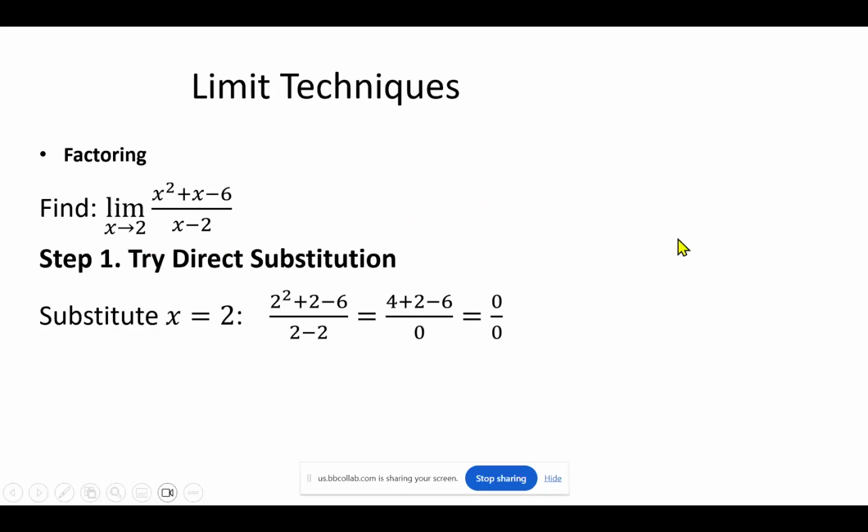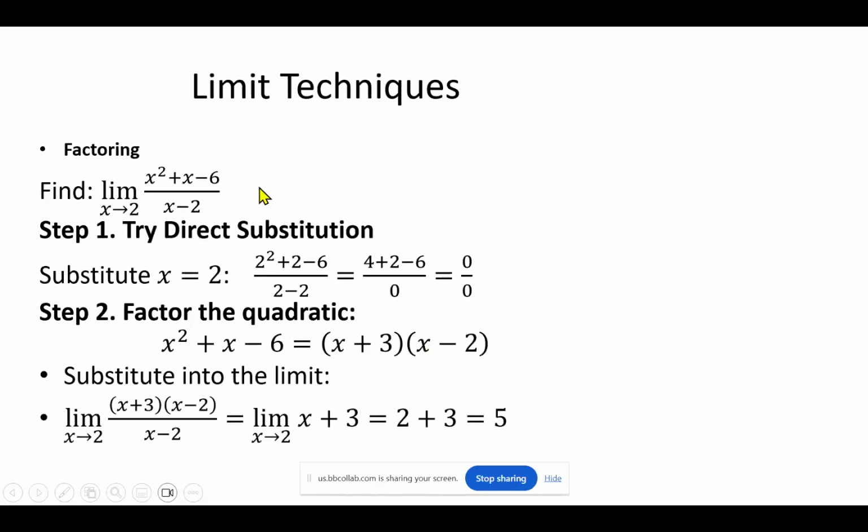If I were to do the graph, I would see one of those holes that we saw in the previous example. So instead of using substitution, we want to simplify it before we substitute. Since we have a quadratic on the top, we can factor it. That's why factoring comes to mind. Since it is x squared plus x minus 6, we're looking for two numbers that when you multiply them give you the last one, the constant, and when you add them give you the middle term.